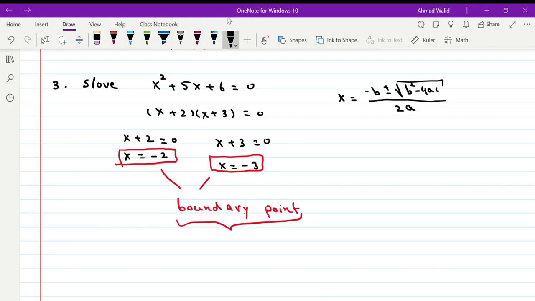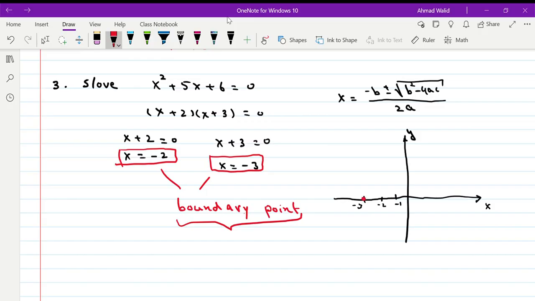Look, if I show these two points on a graph for you, because I know the shape of this graph, all of us know the shape of this graph. It's a parabola opening upward, correct? Here you have x, here you have y. Negative 1, negative 2, negative 3. This parabola has two x-intercepts.